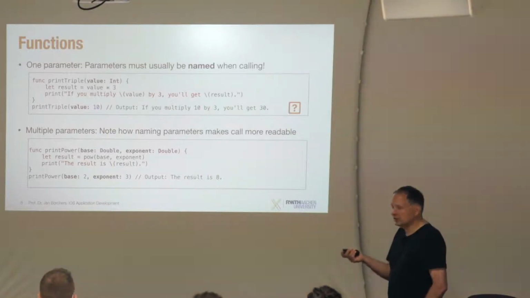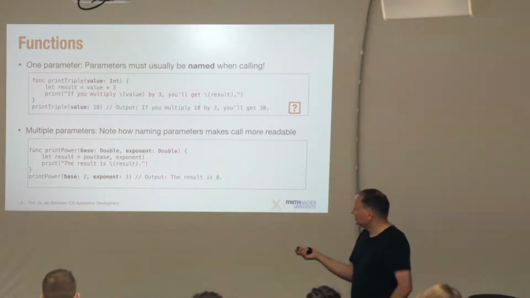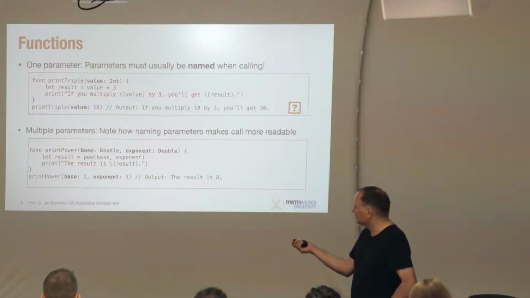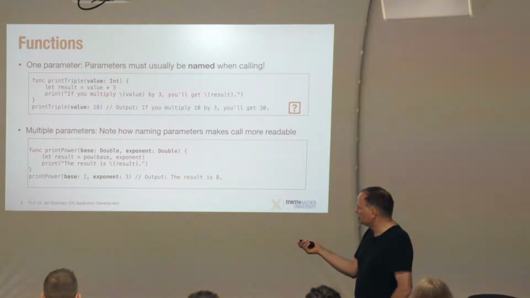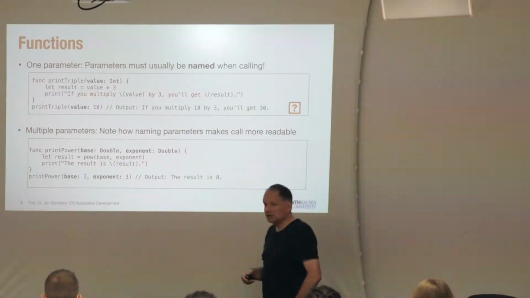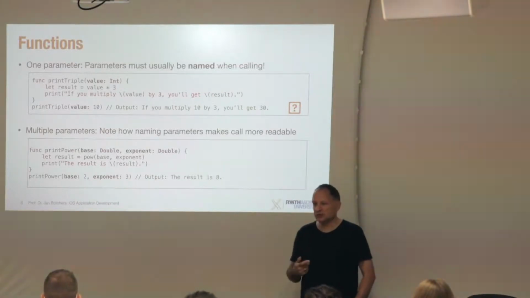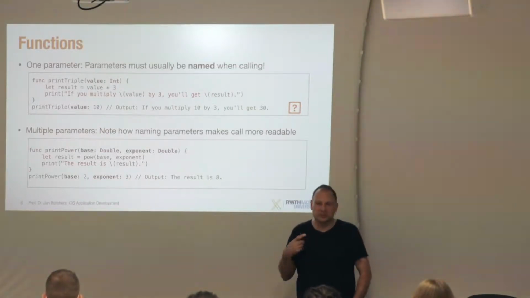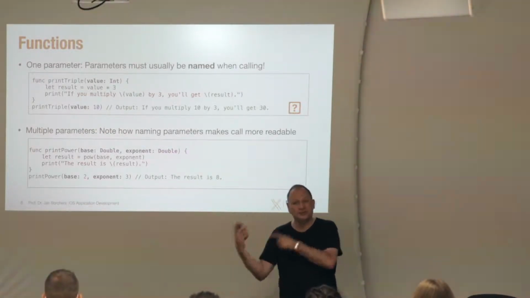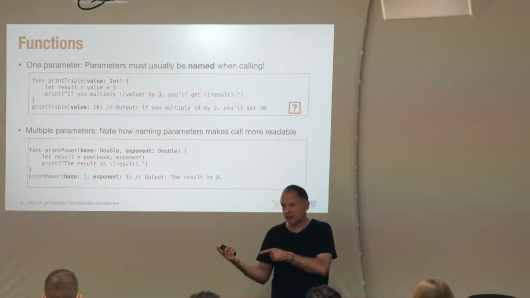But what's interesting and what I want to point out, and that's why it's set in boldface here, I always try to highlight things in boldface that are most important to look at on the slide. You call this function with print power base 2 exponent 3. Now, if this had been Java, you would have said print power 2, 3. And 3 months later, are you going to remember whether base or exponent came first in your parameter list? You actually would have to go to the definition of the function to be sure what's happening there.